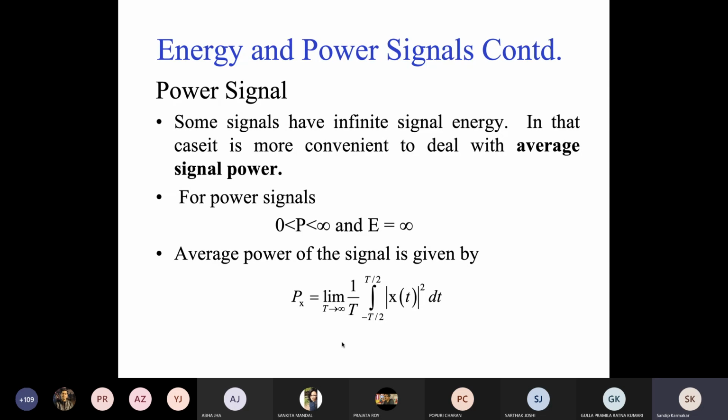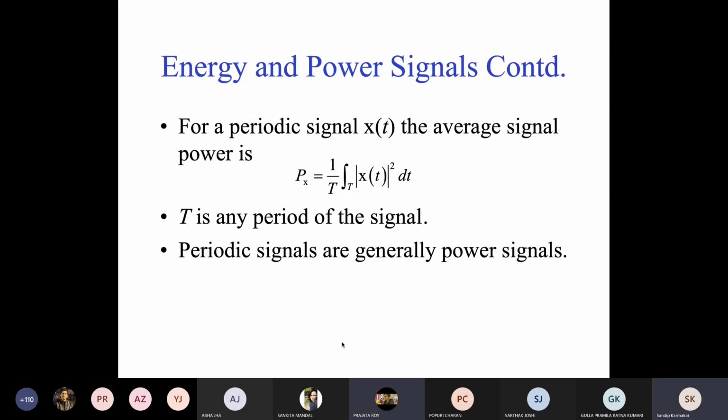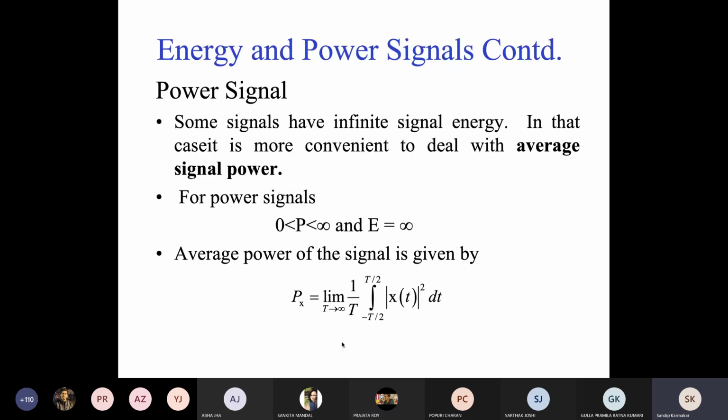Average power of the signal is given by limit T tends to infinity of 1 by T integral from -T by 2 to T by 2 of mod x(t) squared dt. It is just P equal to E by T taken in the limit. So basically, it's E by T only, with the limit taken.